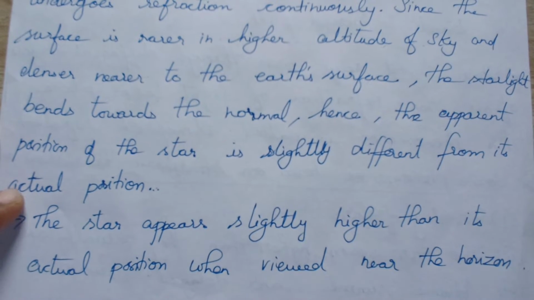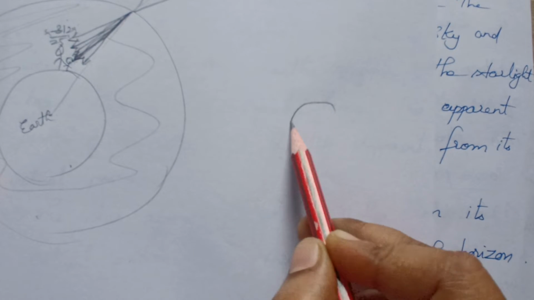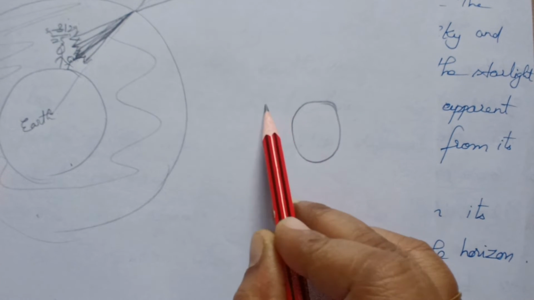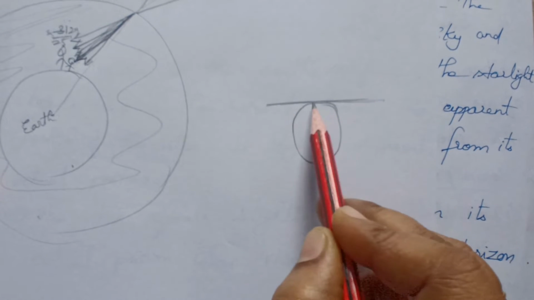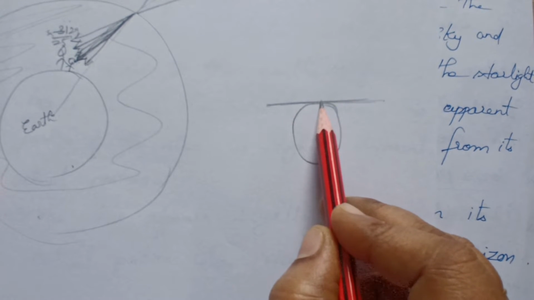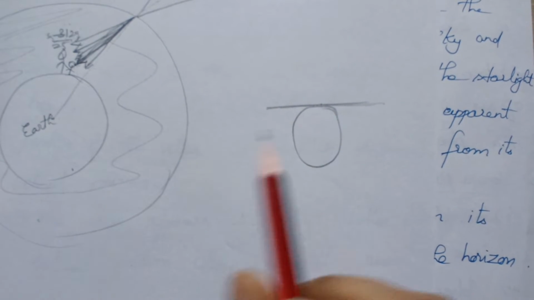The horizon is nothing but the separation between the earth and the atmosphere. When you observe from here, the star appears slightly higher than the actual position.